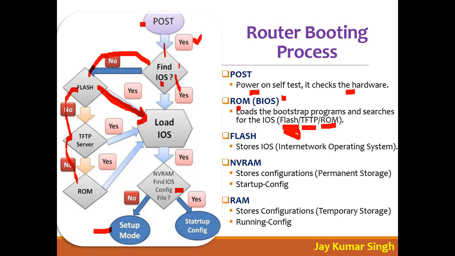But if there is a configuration file, boot from startup config. Startup config is in NVRAM and setup mode is in RAM. So if it finds the operating system, it will go to NVRAM from flash, and if it does not find the configuration file, from flash it will go to RAM and boot.